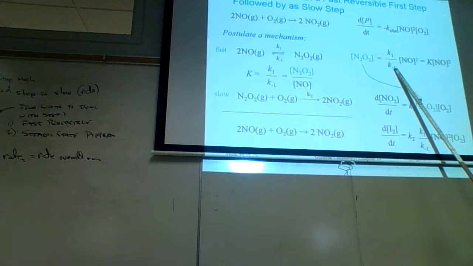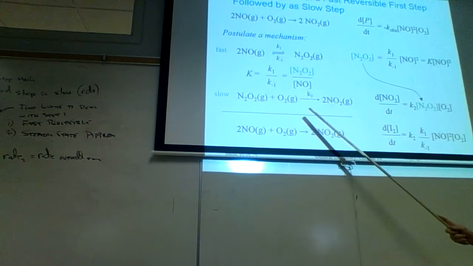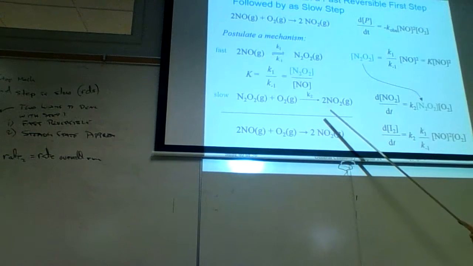This K1 over K minus 1, your book is going to call capital K. But ignore that because they don't change it. So ignore this equation here as well.